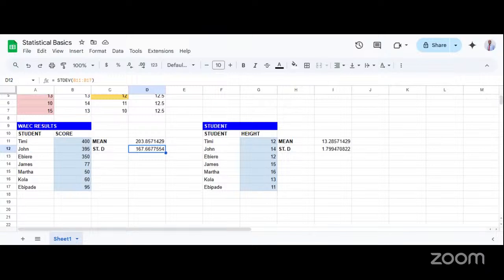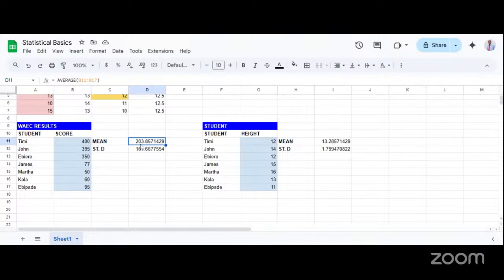Our standard deviation has a very high value, meaning that most of the students' scores are very far from what this measure of central tendency is telling us.